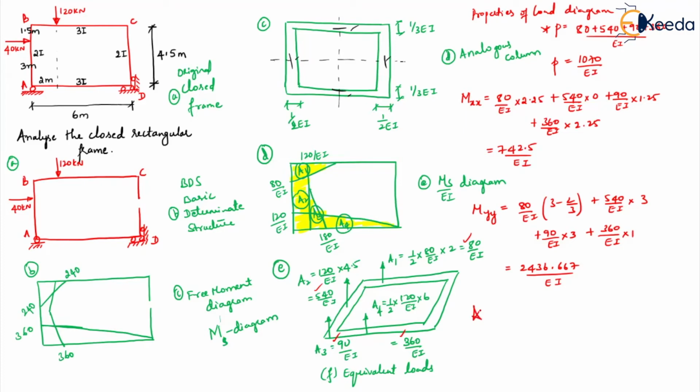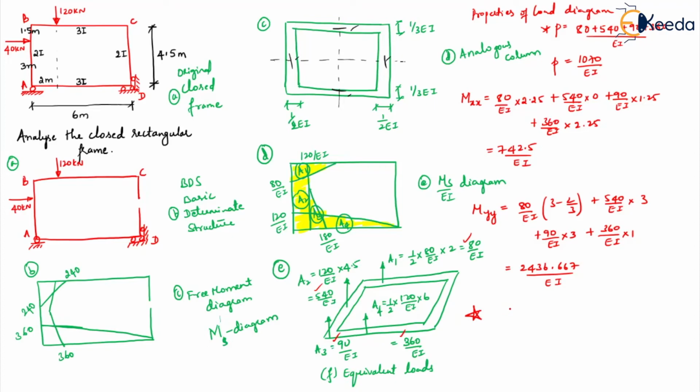Now after this, what we have to do? We have to do the final calculations, final moment at point A, B, C and D. Okay. So now very important is formula. Okay. So in the previous problem when we did symmetric portal frame, we found MIA, MIB, MIC and MID.